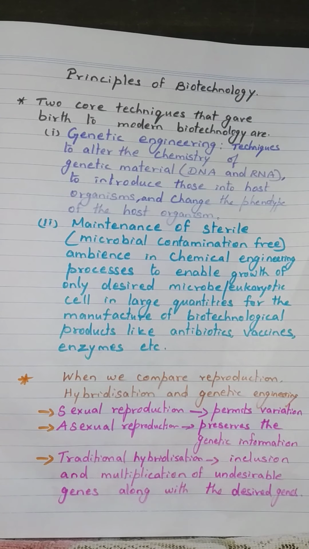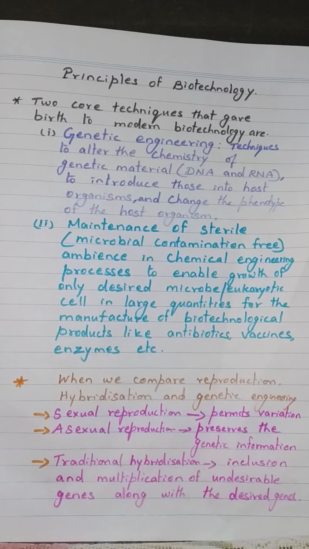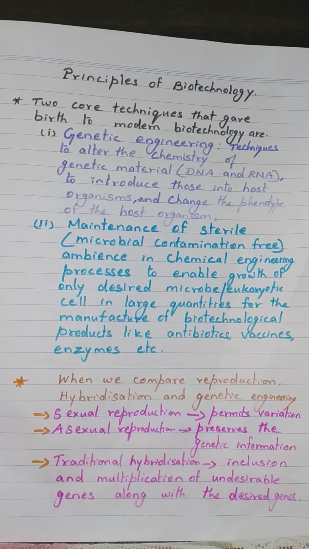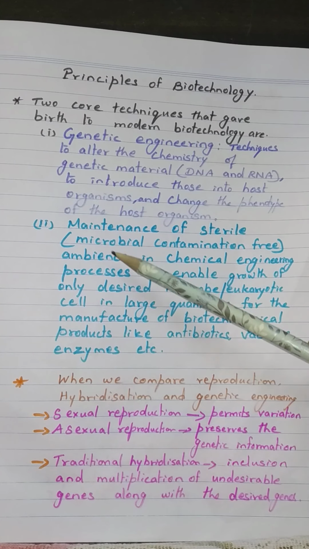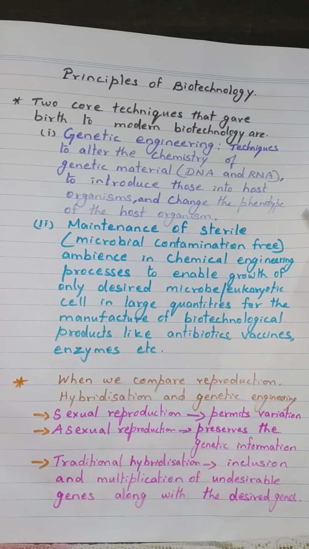Now, let us study in detail the principles of biotechnology. Among many, the two core techniques that enabled the birth of modern biotechnology are genetic engineering and maintenance of sterile ambience.